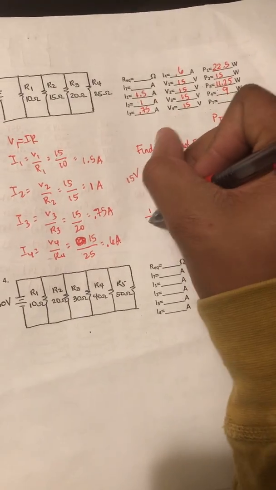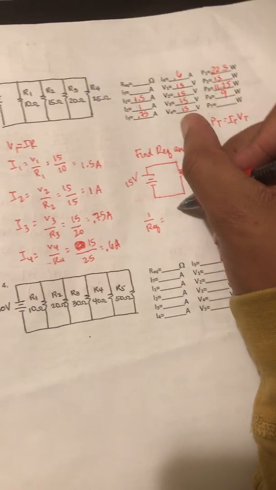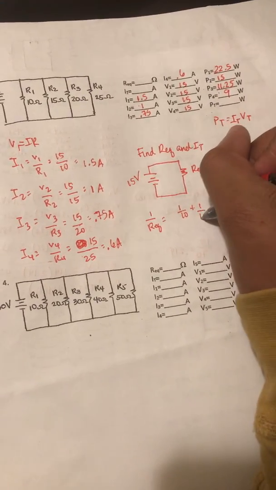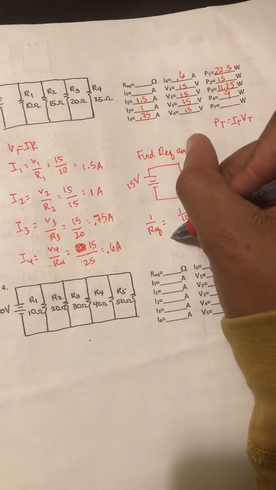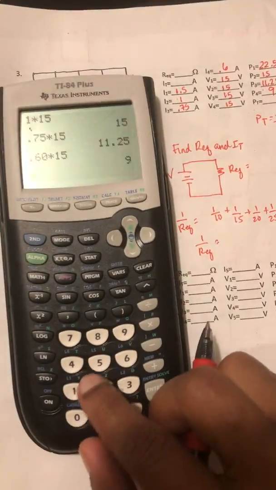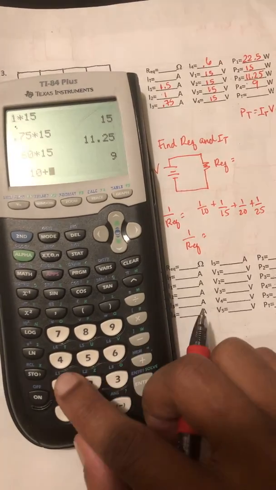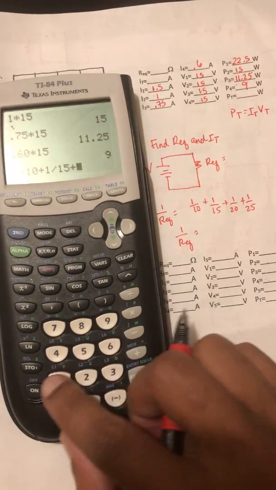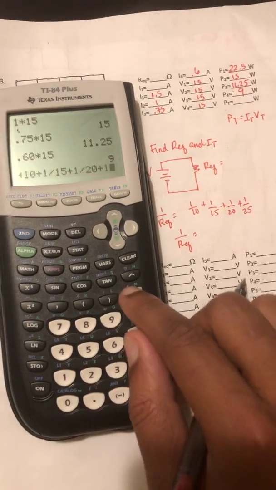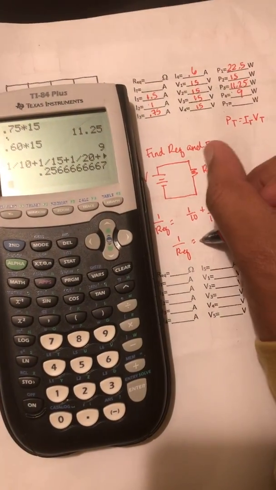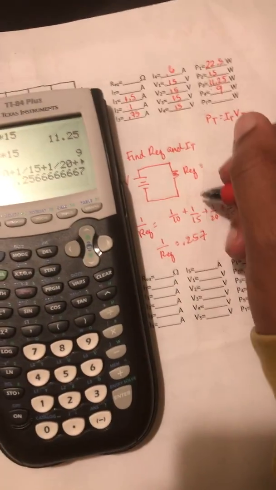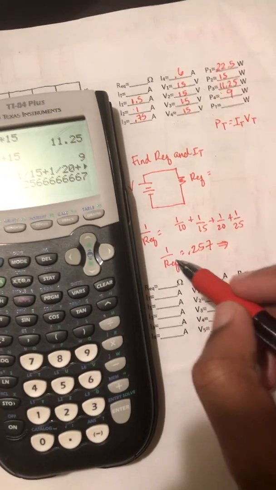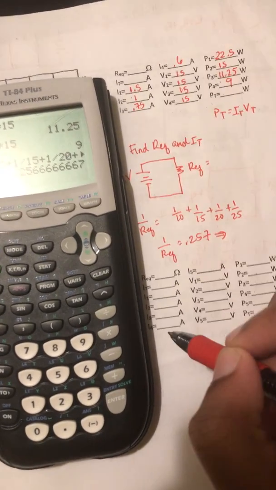Let me take some time to find REQ. So 1 over REQ equals 1/10 plus 1/15 plus 1/20 plus 1/25. So 1 over REQ is equal to 0.257. This is not REQ. This is 1 over REQ. So if I want to find REQ, I can just do 1 over 0.257.